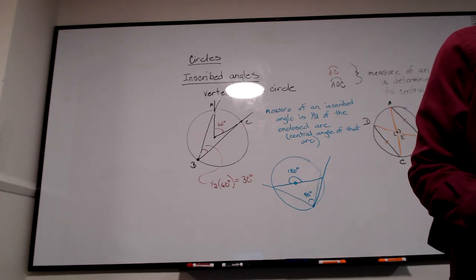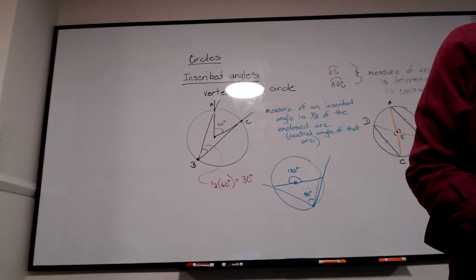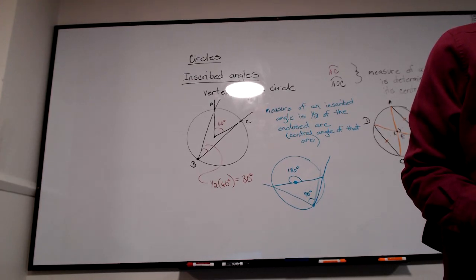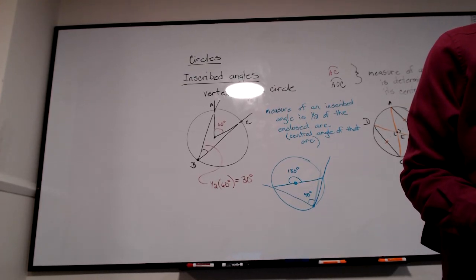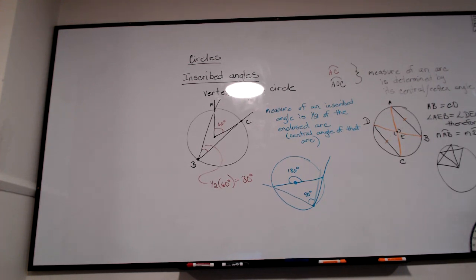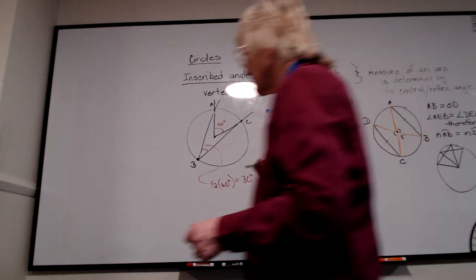Oops, we're not up to that one yet. Those are different angles. Oh, an angle inscribed in a semicircle is always a 90-degree angle. Okay? So let's think about what that says. This is what it says.